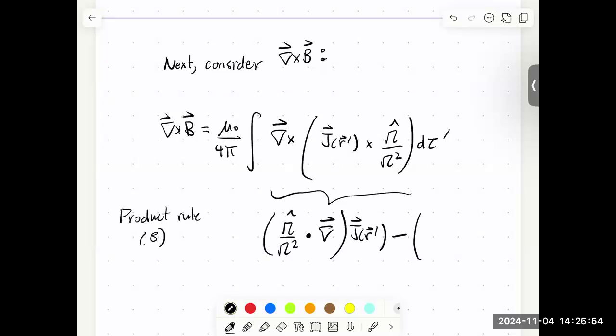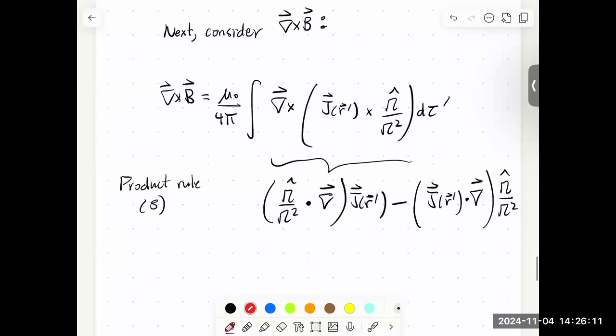And then we get the same thing, we just switch the orders of the two vectors, r hat over r squared. Okay, good. What's the first term going to be? We have these r derivatives acting on j. So for the exact same reason, j depends only on the prime coordinates, and we're taking derivatives with respect to unprimed coordinates. So this is going to vanish. And we have the second term to deal with now.